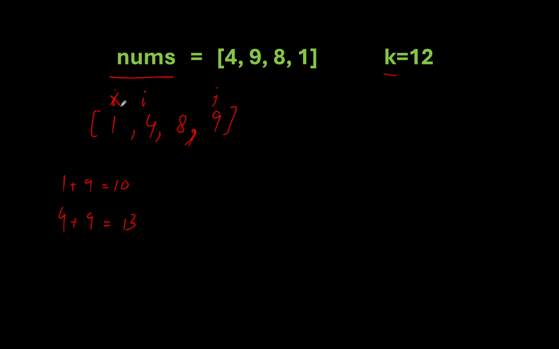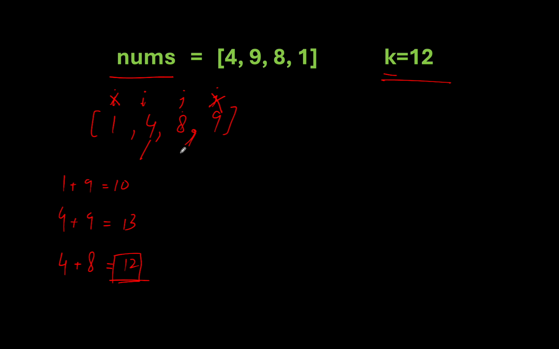Either we can move i leftwards, which is not the right way to do it because we have already checked one. What we will do is move j leftwards, and j will be here. Sum up these two numbers. What is it equal to? 4 plus 8, which is equal to 12. So we have found two numbers whose sum is equal to 12.